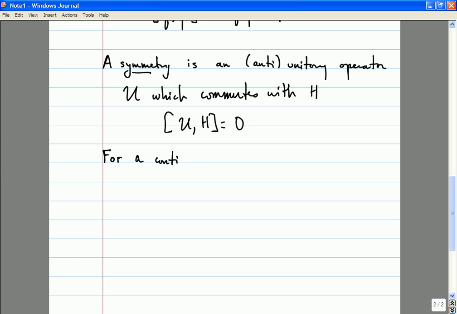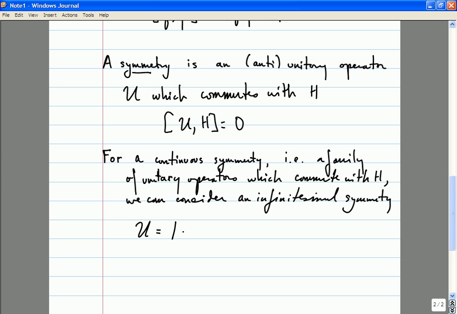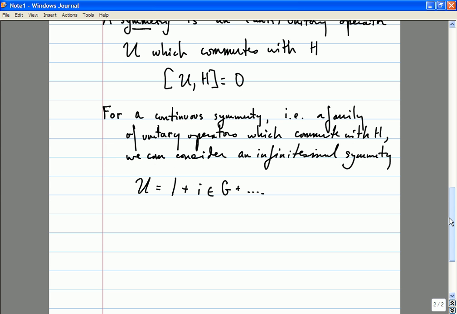So for a continuous symmetry, which is to say a family of unitary operators which commute with H, we can consider an infinitesimal unitary symmetry, that is to say, we could consider a unitary operator which is very close to 1 so that it can be Taylor expanded order by order in some small parameter epsilon, so that it would take the form 1 plus i epsilon times some operator G plus higher order terms in epsilon.